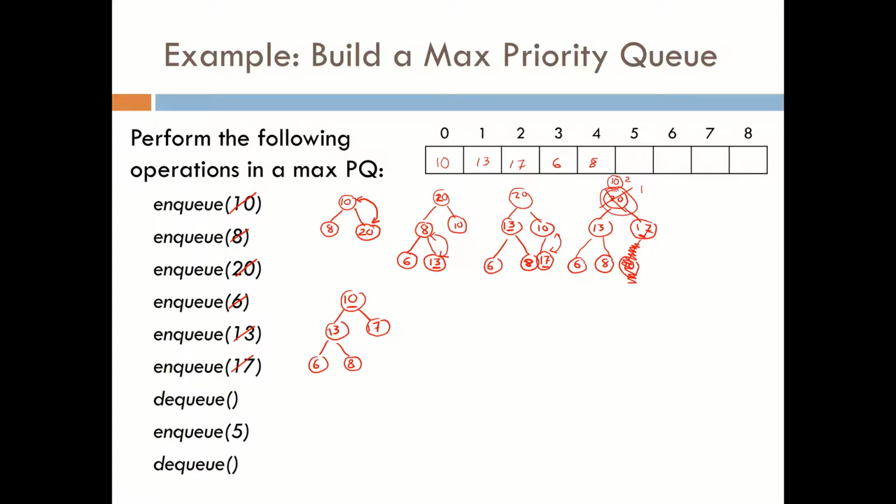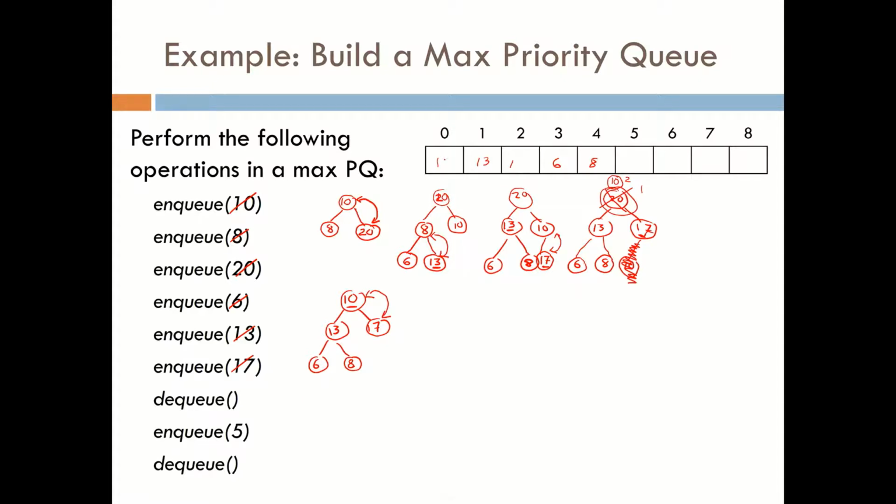In this case, both 13 and 17 are greater than or equal to 10. So we're going to pick the largest, which is 17, and we're going to swap it with 10. Okay, and that, again, this is not a rotation because we're really just moving these two things around, right here and right here.